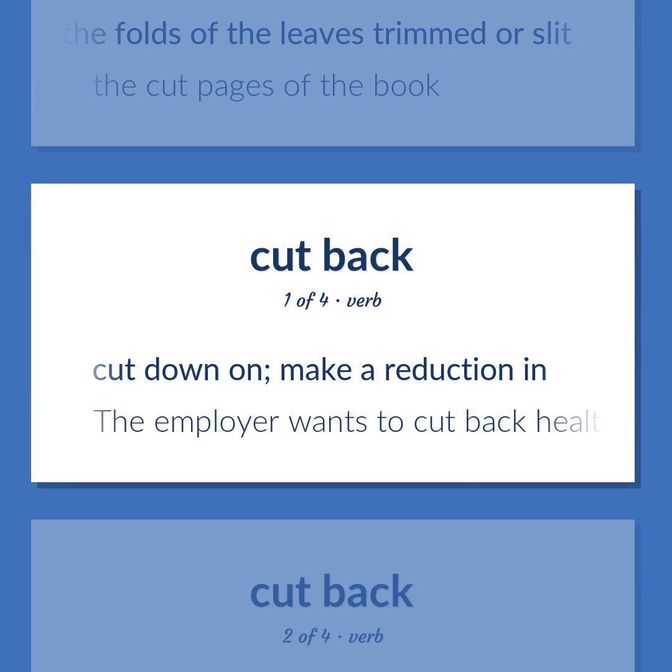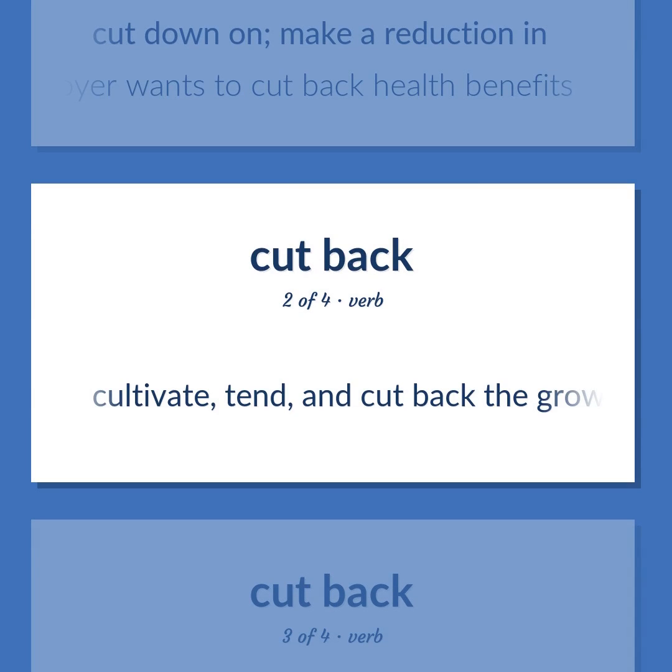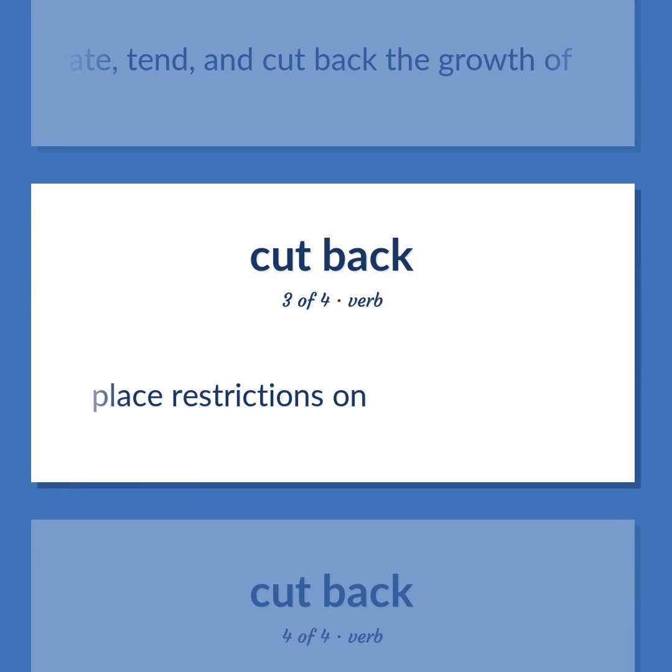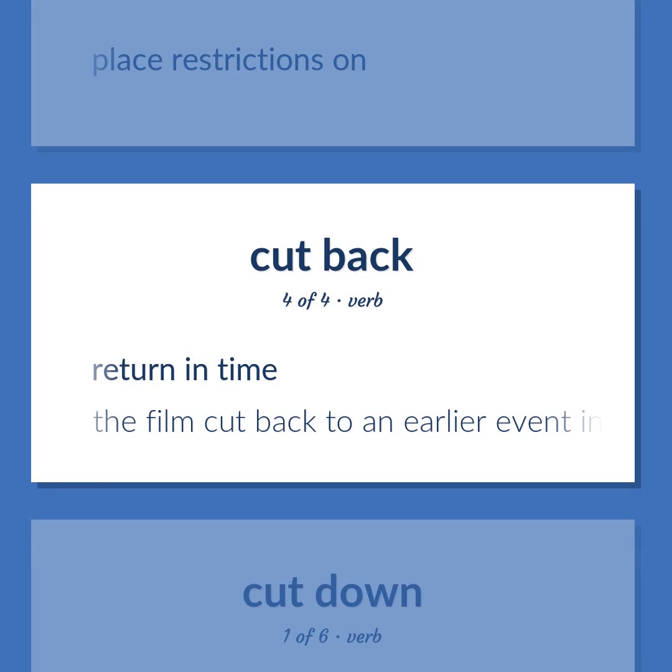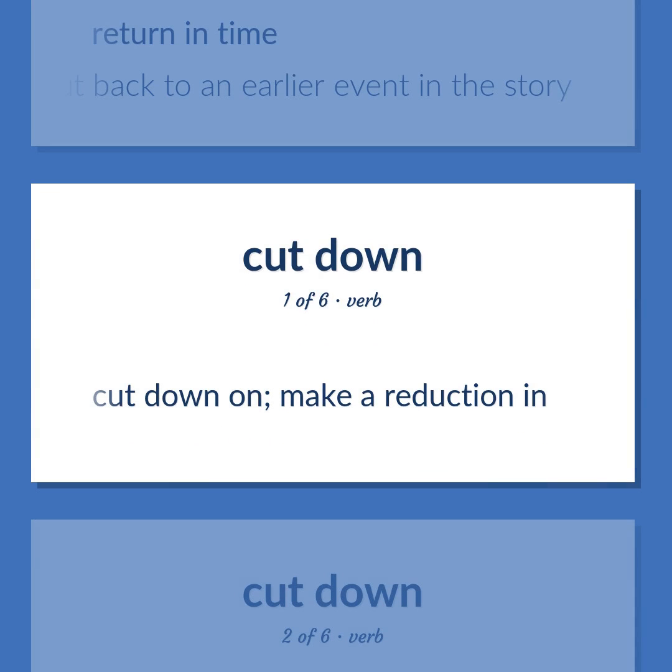The employer wants to cut back health benefits. Cultivate, tend, and cut back the growth of. Place restrictions on. Return in time. The film cut back to an earlier event in the story.